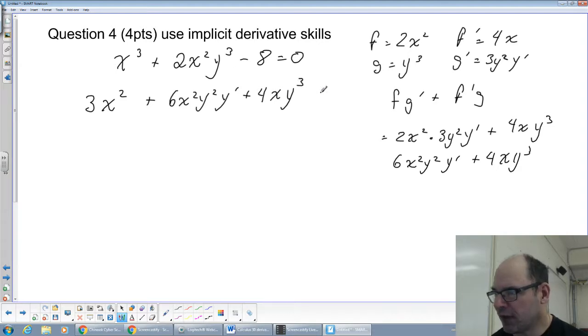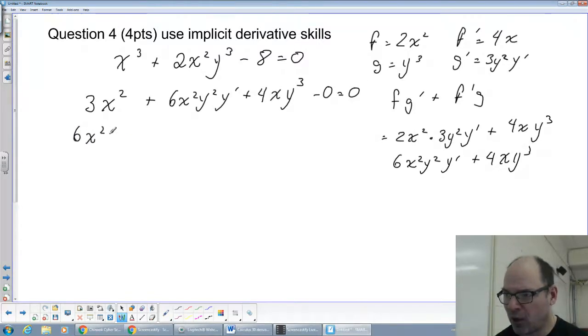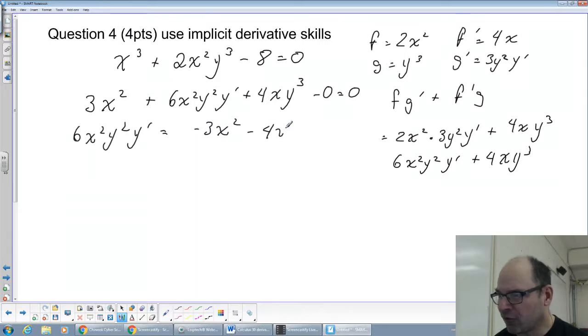Okay, derivative of 8 is 0, derivative of 0 is 0. Okay, so we got to leave this on this side and then bring everything over to the other side. So leave the 6x squared y prime, and then bring on the other side negative 3x squared minus 4x y cubed.